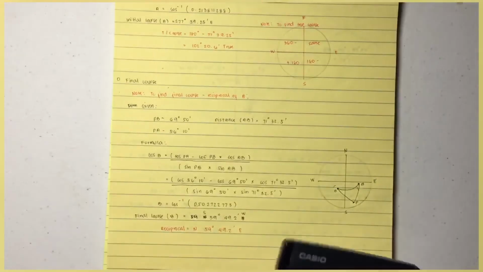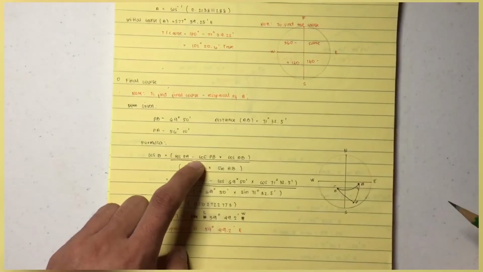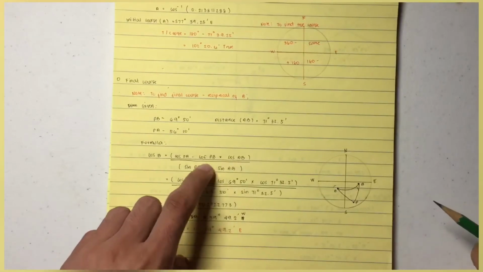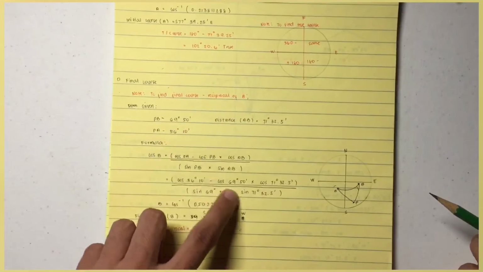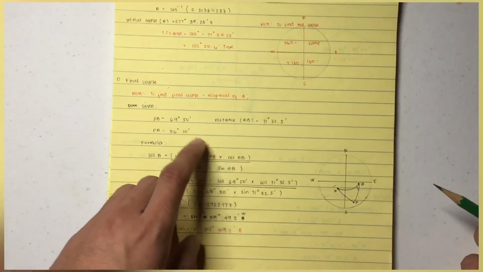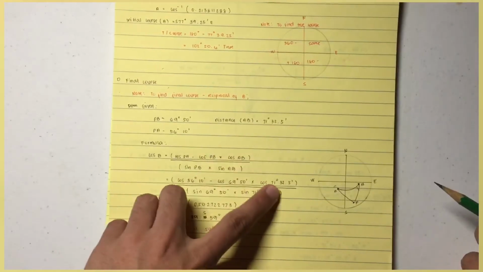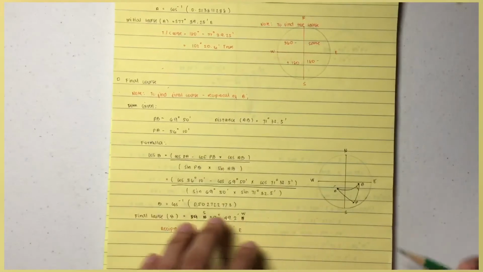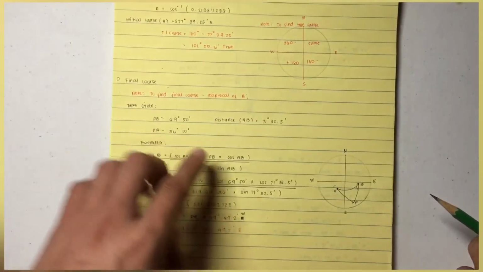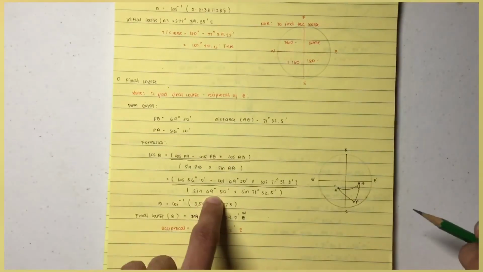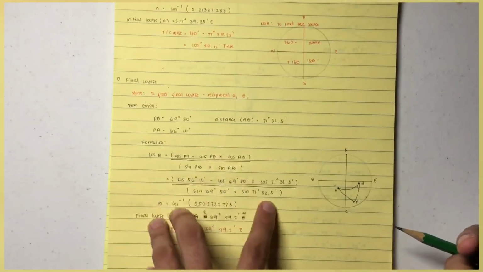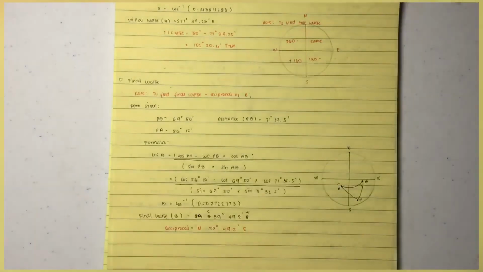Cosine B equals cosine PA, which is 56 degrees 10 minutes, subtracted by cosine PB, which is 69 degrees 50 minutes, multiplied by cosine AB, which is 71 degrees 32.5 minutes, divided by sine PB, which is 69 degrees 50 minutes, multiplied by sine AB, which is 71 degrees 32.5 minutes.